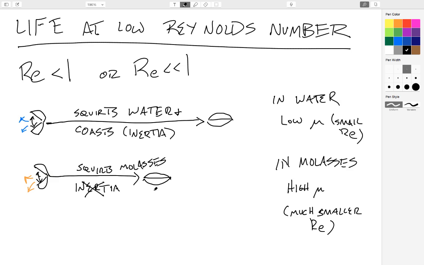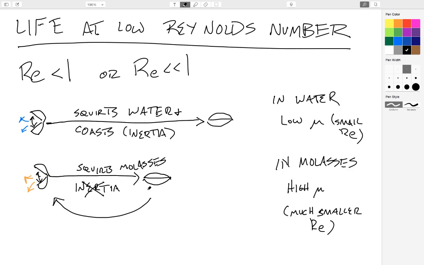And then an interesting thing happens. When the scallop opens back up, it actually will travel backwards to the exact same starting location because it's essentially stuck in molasses. So the scallop will essentially go forward and backward, forward and backward. It'll stay in the exact same place.